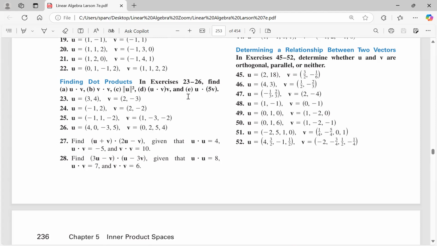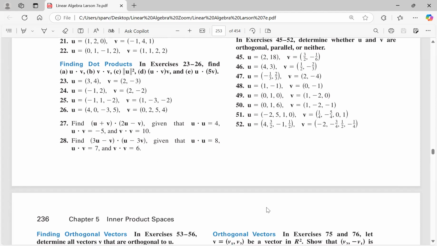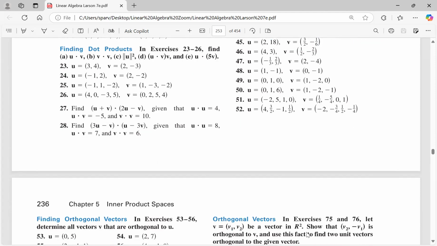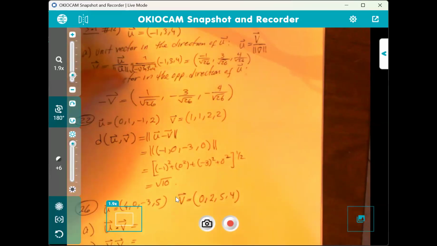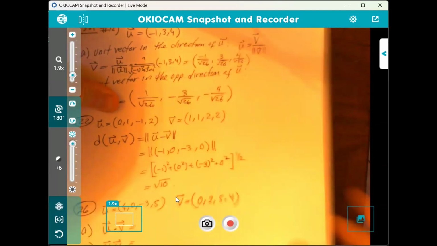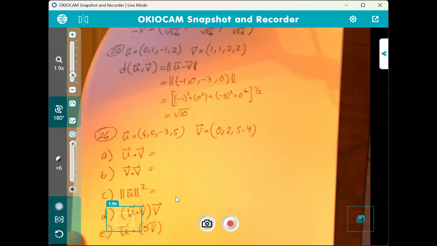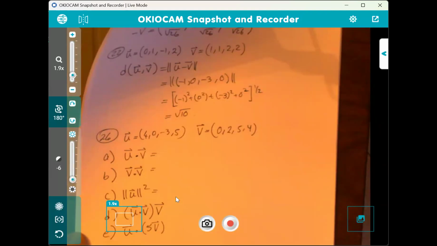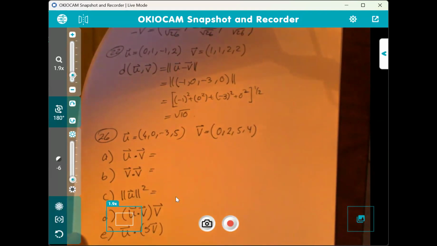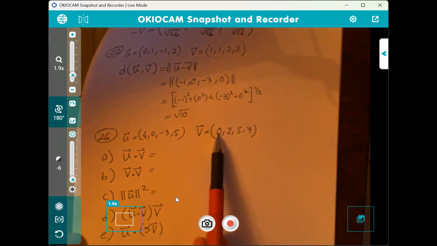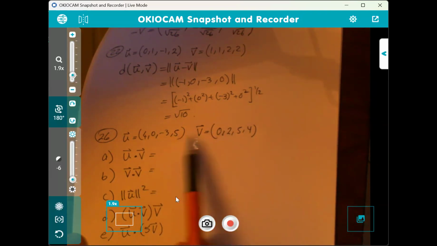Okay, let's see how this is going to go. Let me switch back. And there you have it. So we're doing exercise number 26. All right, the first, u dot v. We're going to multiply each component together and then add them up.